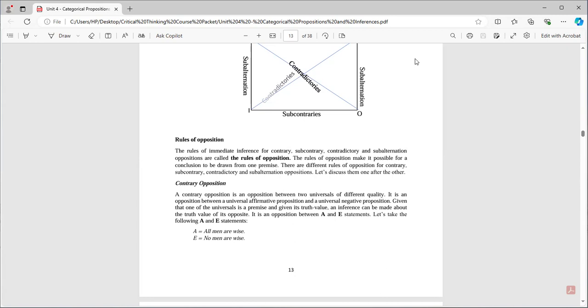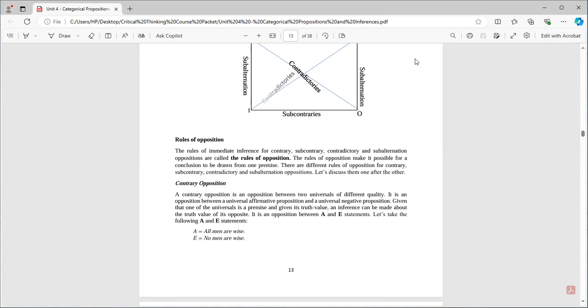Its negation will be no men are wise. And these two statements are going to form our argument. One of them is a premise. The other is a conclusion. You can't bring any other statement into this. Only these two statements form our argument.